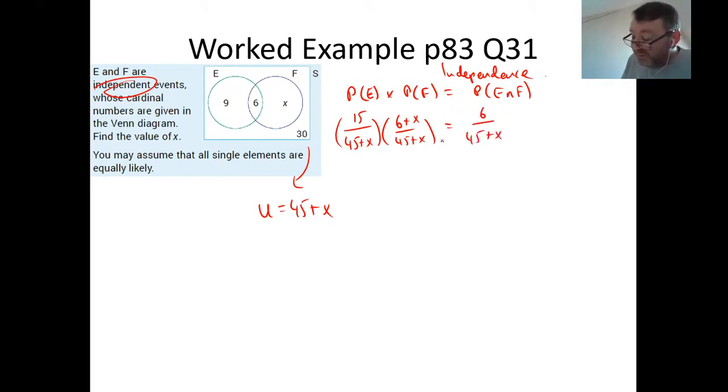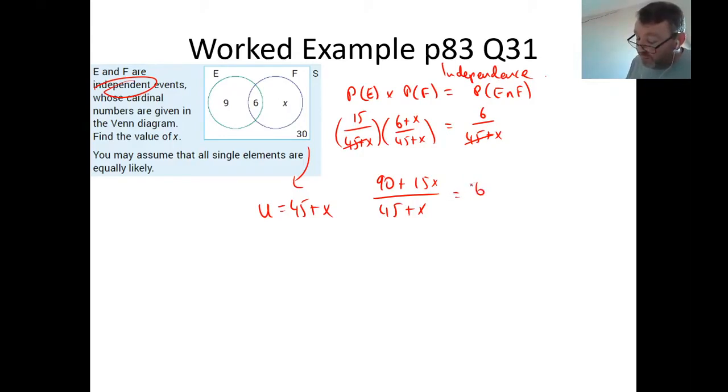Now, just allow me to simplify this. You're dividing here by 45 plus x and here by 45 plus x, so you can knock one of the denominators out on both sides. What that's going to leave me with is 90 plus 15x over 45 plus x is equal to 6. And you notice that I have one variable, so I can solve this.